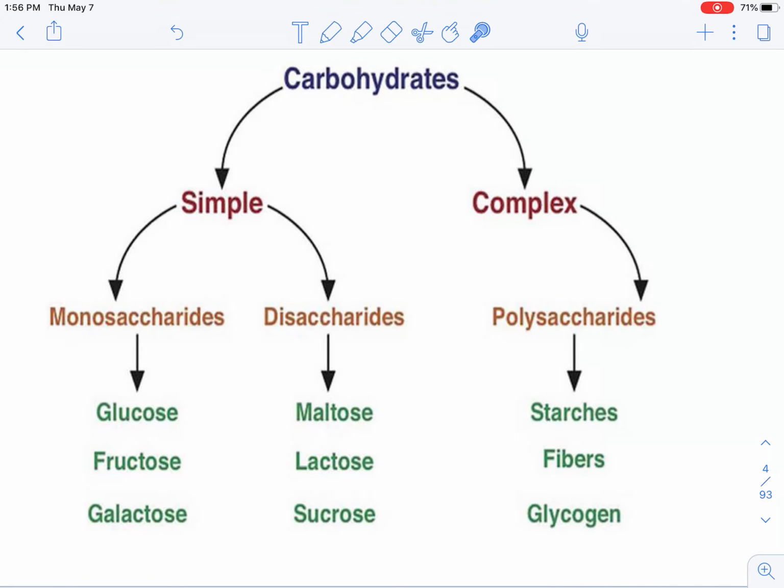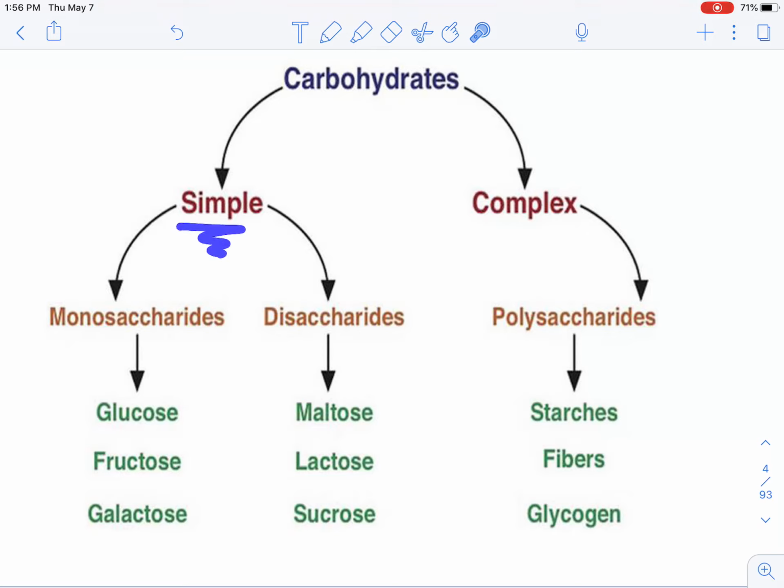If I draw your attention to this flow chart, carbohydrates is going to be our umbrella topic. We can break down carbohydrates into simple carbohydrates or complex carbohydrates.